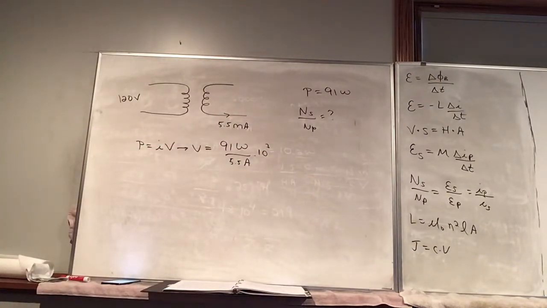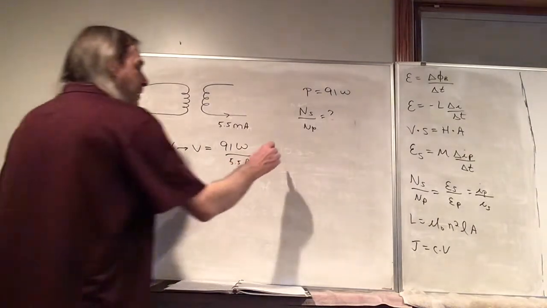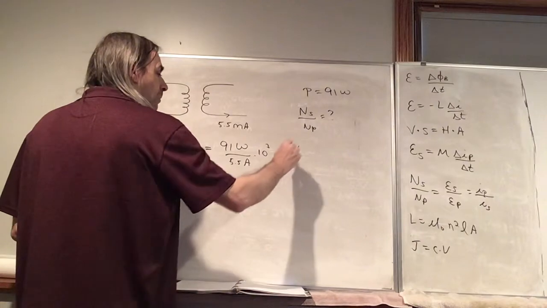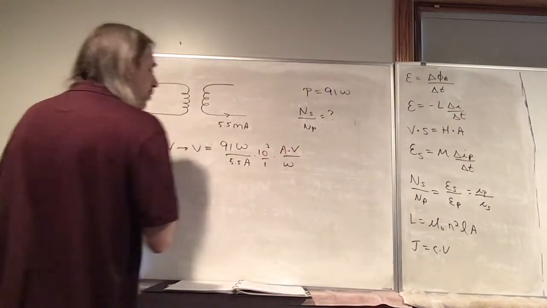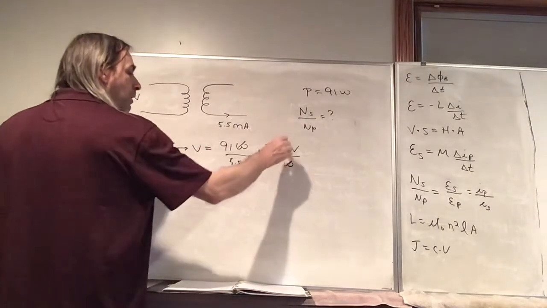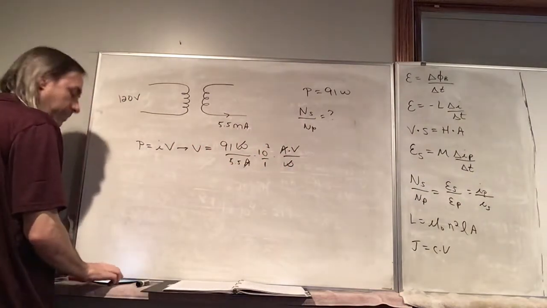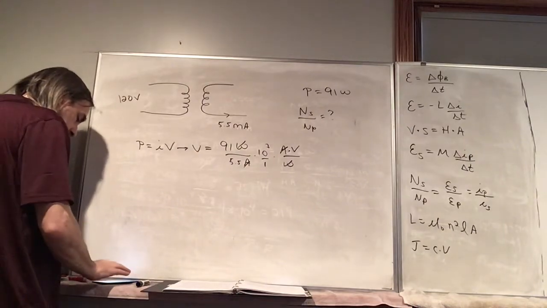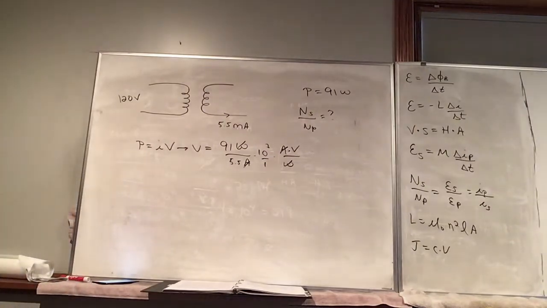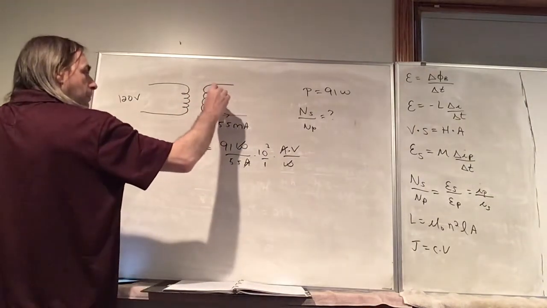And yeah, a watt is an amp times a volt. So we will get volts out of this. The watts cancel and amps cancel. So let's do 91 divided by 5.5 is 16.55, and then times 1,000.